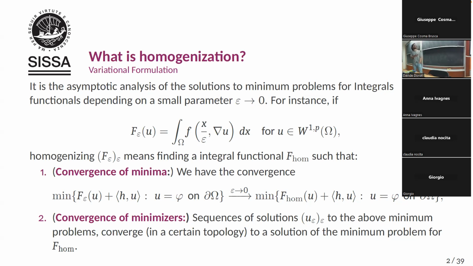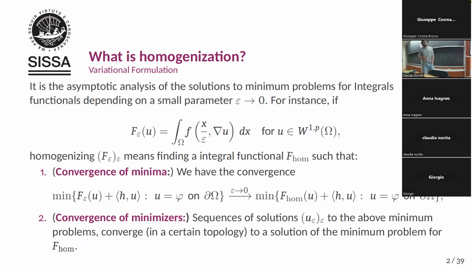And for us, homogenizing will mean finding an integral functional f_hom, such that for any given forcing term h and for any reasonable boundary condition phi on the solutions u, as we let this small parameter epsilon tend to 0, the minimum values of these problems will converge to the minimum value of this limit problem. In addition, we require that under reasonable assumptions, the sequence of solutions to these minimum problems will converge to a solution u of this limiting problem.